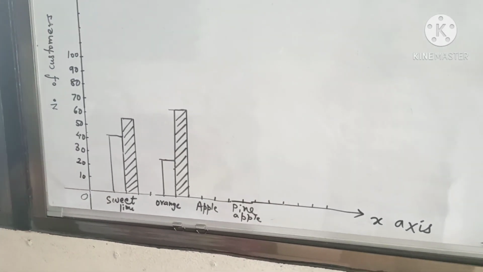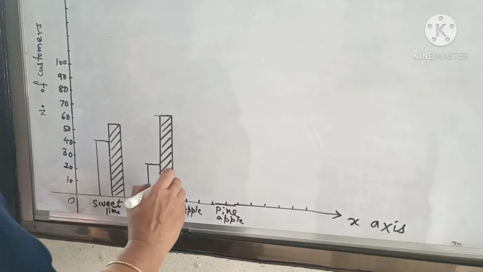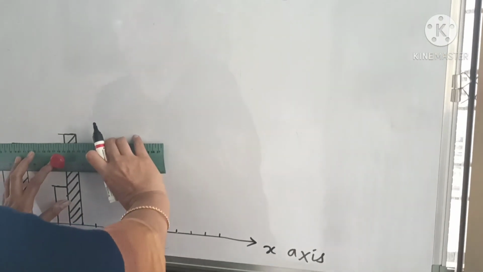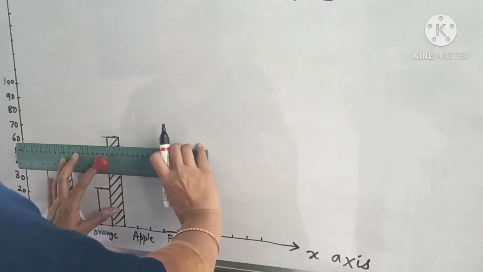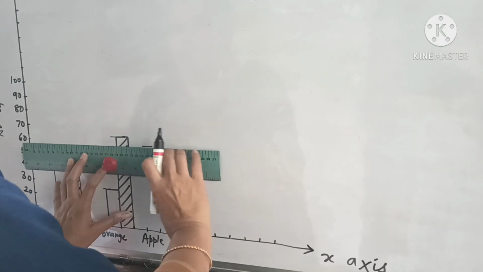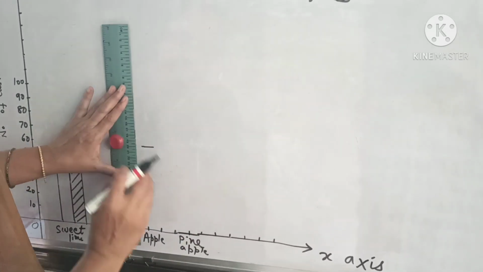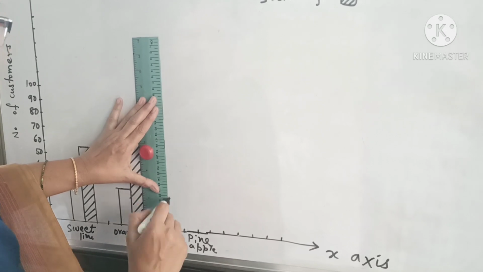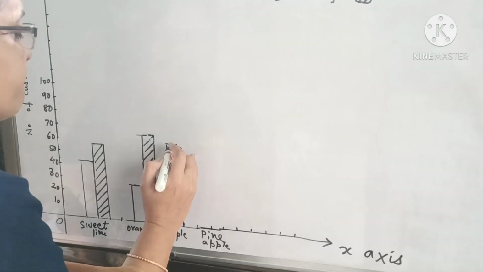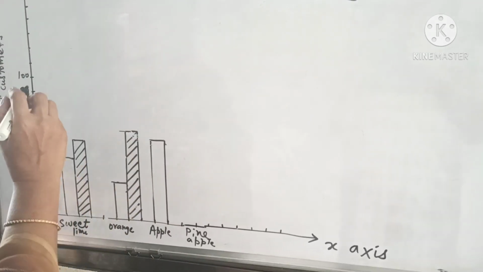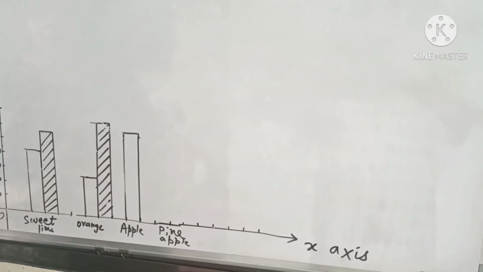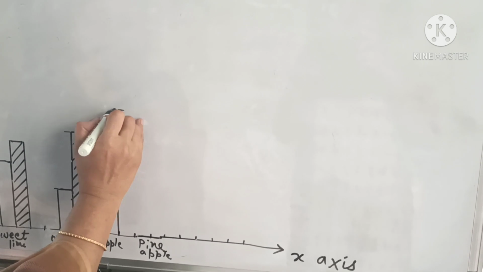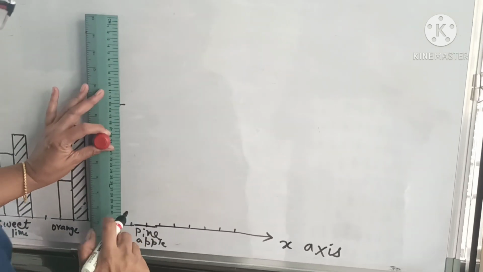People drinking apple juice, 56 and 78. 56 is here, a little bit. 78, between 70 and 80 you do the rough marking. Draw the bar.